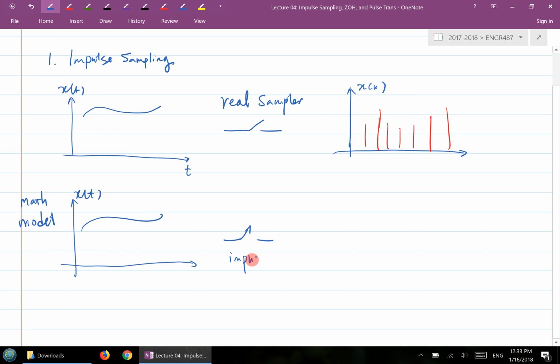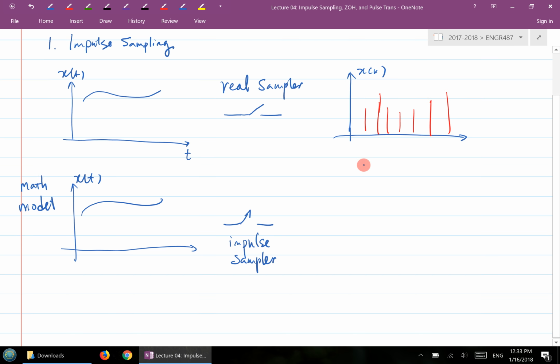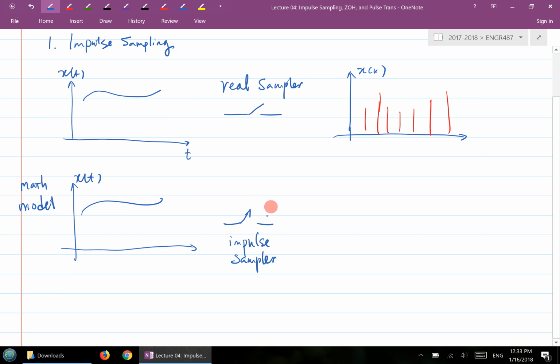For the impulse sampler with sampling time T, we use the symbol delta T to represent this impulse sampler, or this real sampler.